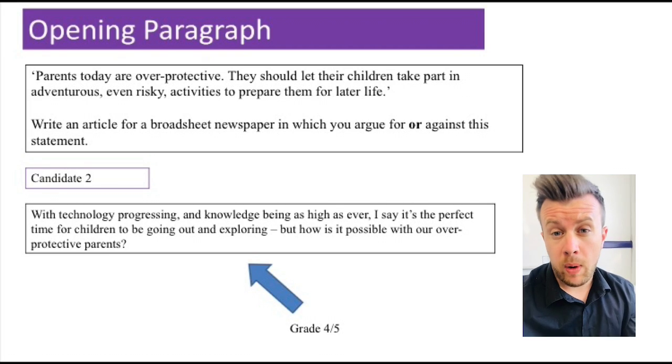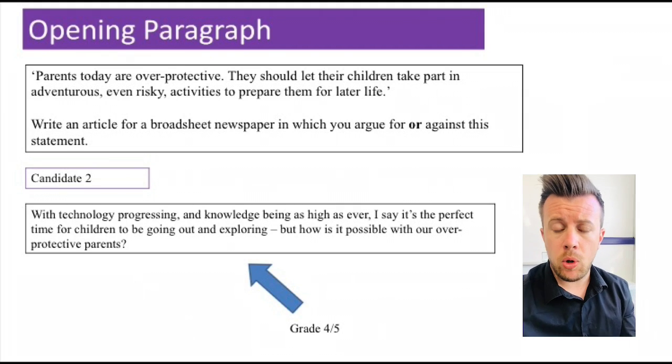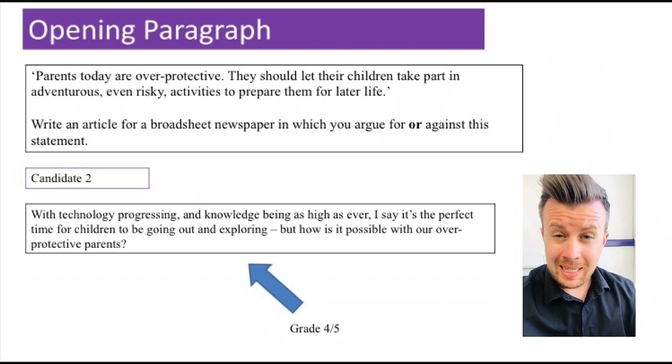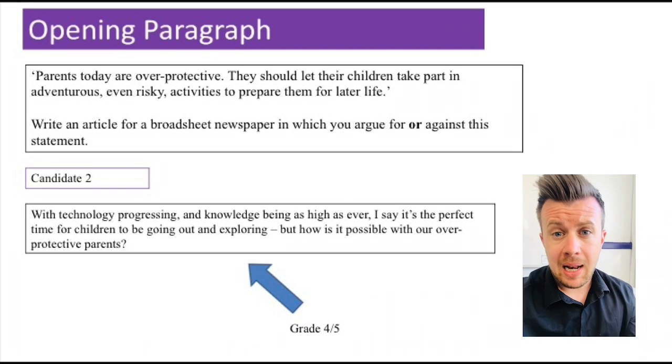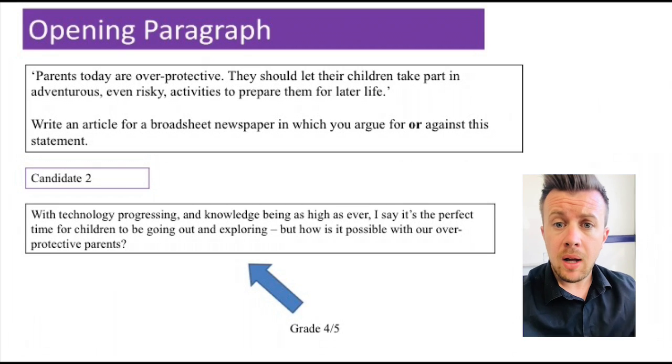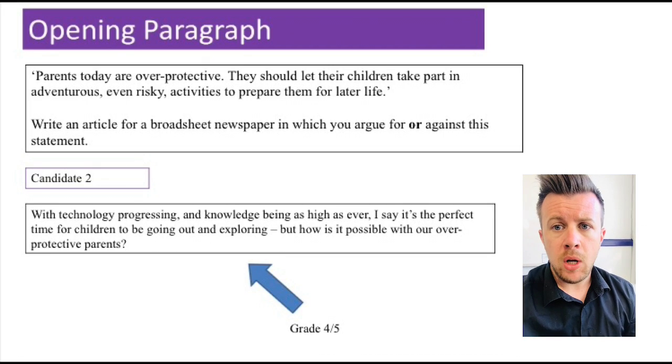The use of the rhetorical question, so we've got a clear device being used here, with the connective of but to change and to grab and hook the audience is effective. But how is it possible with our overprotective parents? We can see if we're to continue with this piece of writing that it allows the candidate to then move on to their second paragraph to provide some sort of explanation around that rhetorical question.